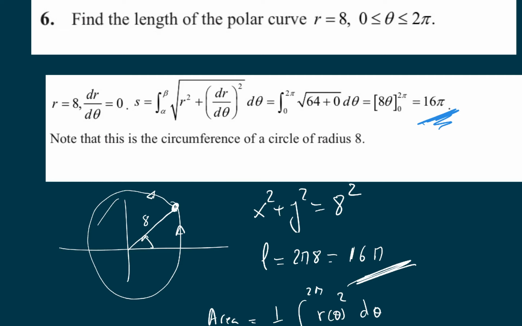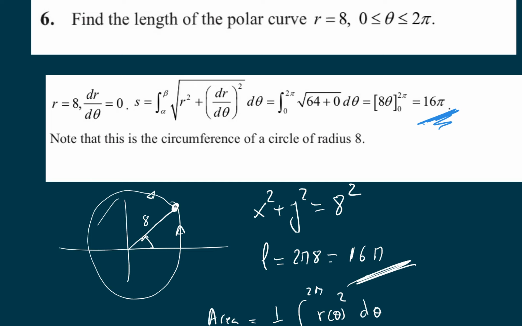What is the derivative of r with respect to theta? Well, r doesn't depend on theta, because r is a constant, it is 8, so the derivative of r with respect to theta is 0. So you make the integration, the square root of 64 is 8, the integral of d theta is theta, so 8 multiplied by theta, evaluated between 2 pi and 0, it would be 16 pi.